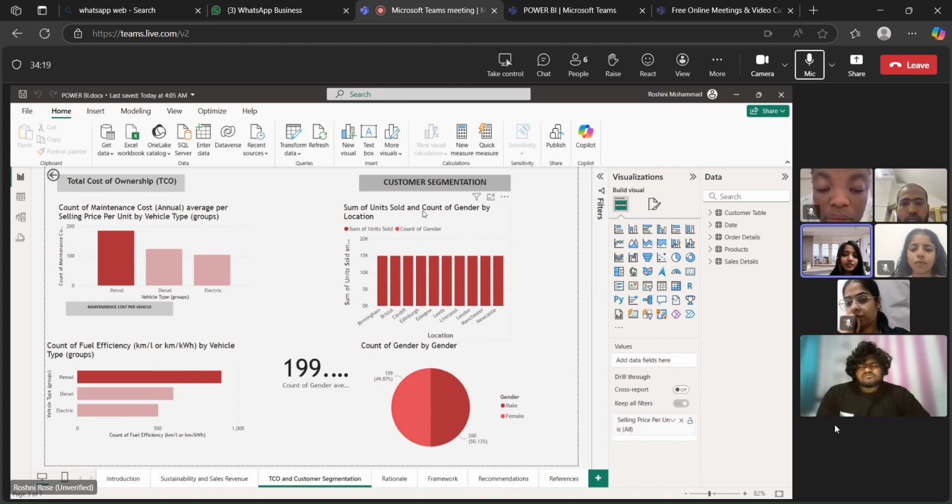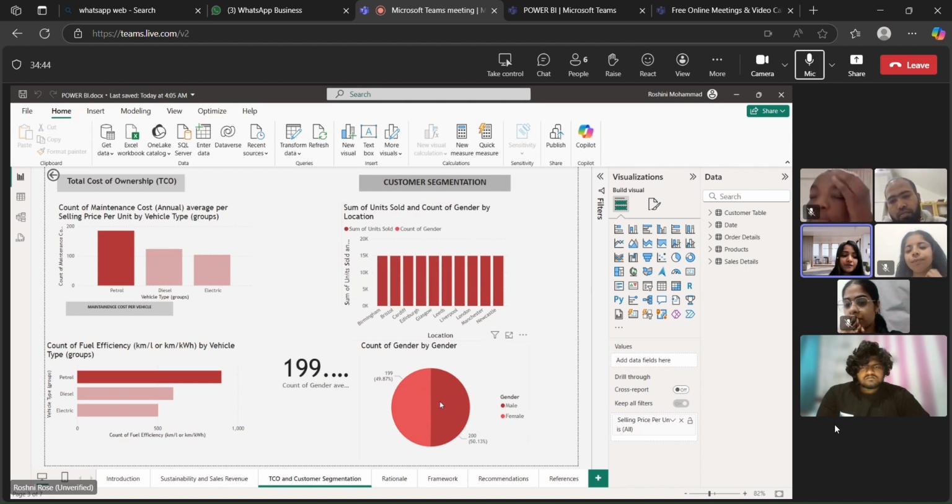So here we are coming to the customer segmentation insights using Power BI. Using the customer table, we segmented customers based on geographic location and gender. This helps us understand our customer base better and make smarter decisions.